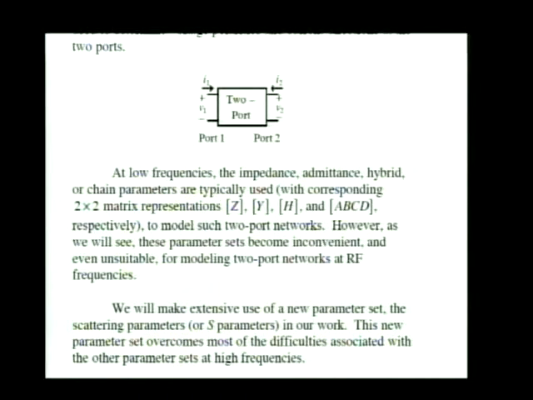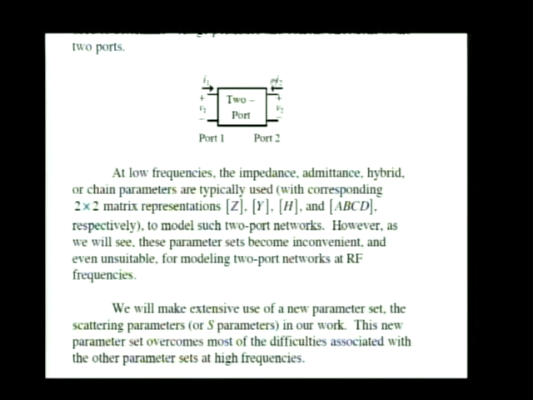In circuit theory, circuit analysis 2 usually, the two-port network is discussed. And they talk about 4 different parameter sets that you could come up with to describe the two-port network. That is to say, to describe the relationships between V1 and I1 and V2 and I2.